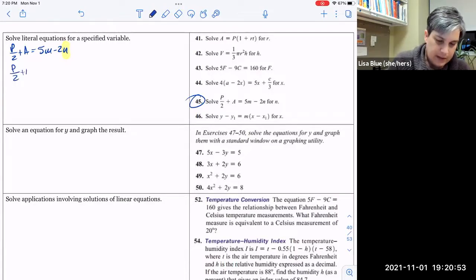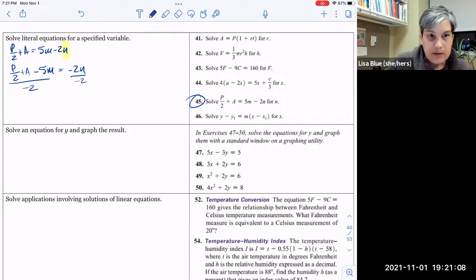So it gives me P over 2 plus A minus 5M equals negative 2N. And then to get N completely by itself, I need to divide both sides by negative 2. And so when I do that, I get P over 2 divided by negative 2, so this is going to be P over negative 4. A over negative 2 is going to give me A over 2, and I'm just going to pull that negative out front. And then negative 5M over negative 2 is going to give me positive 5 over 2 M, and that equals N.